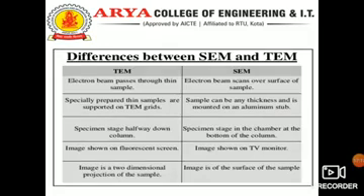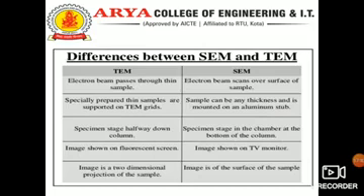In TEM, the electron beam passes through a thin sample, and in SEM the electron beam scans over the surface of the sample. In TEM, the specimen stays halfway down the column, and in SEM, the specimen stays in the chamber at the bottom of the column.